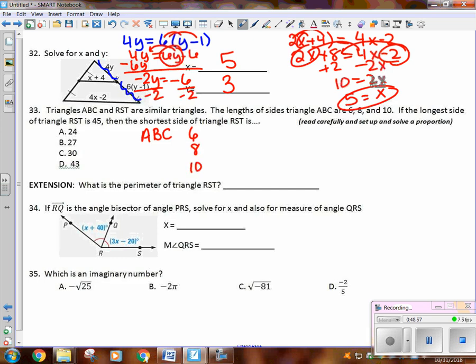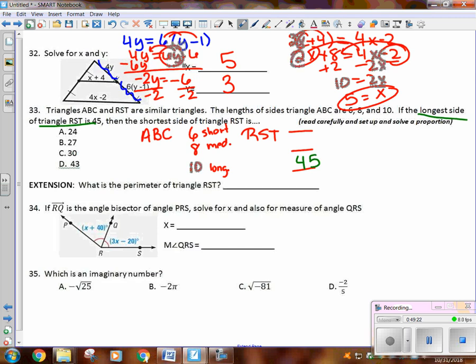If the longest side of triangle RST is 45, well, see, this is my short, this is my medium, that means this is my longest. So I want to try to summarize right here. My longest side of triangle RST is 45, so that would actually be right here.